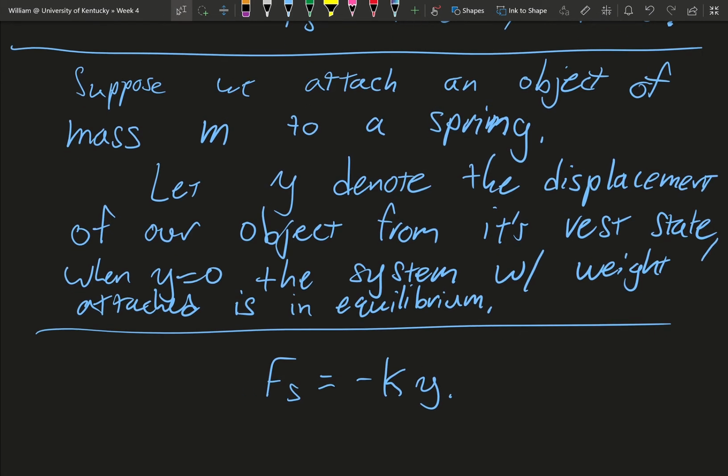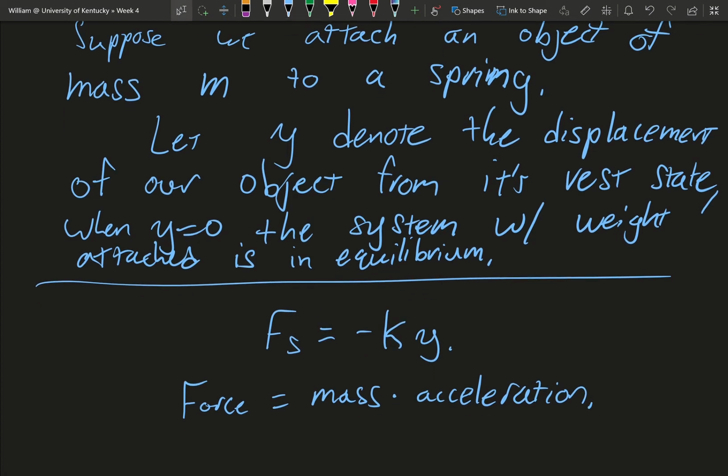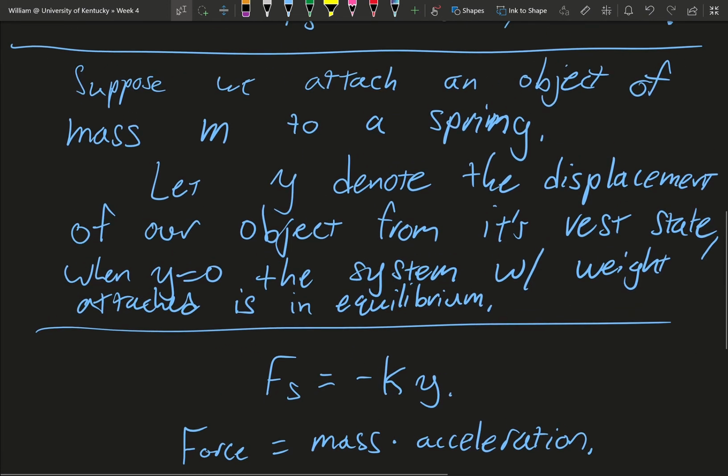However, remember also that force equals mass times acceleration. So we can use this formula and say we have a mass of m.